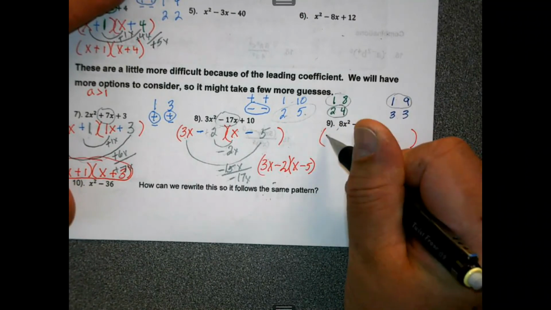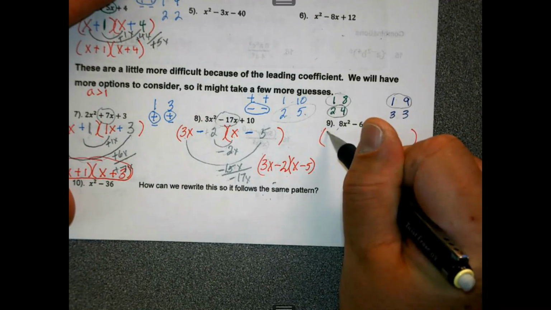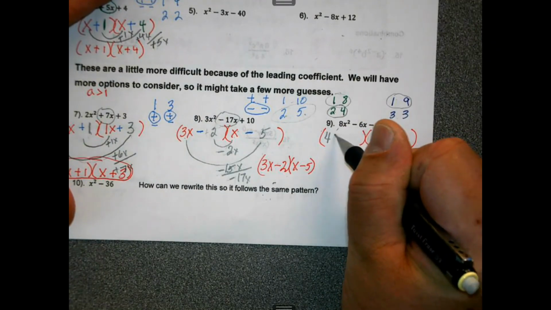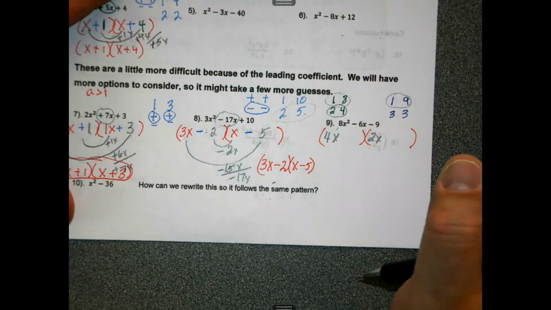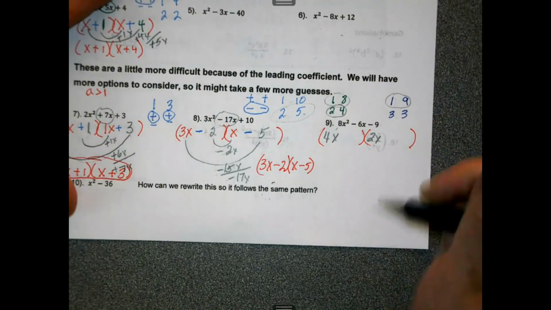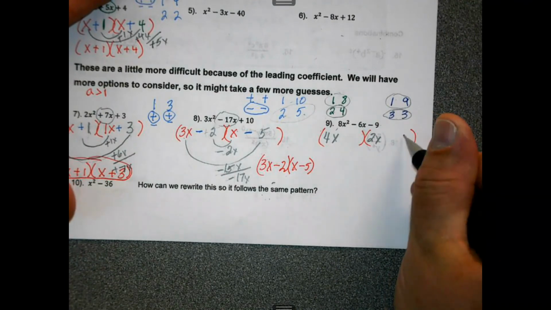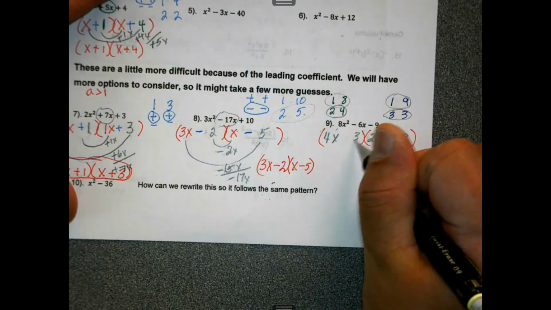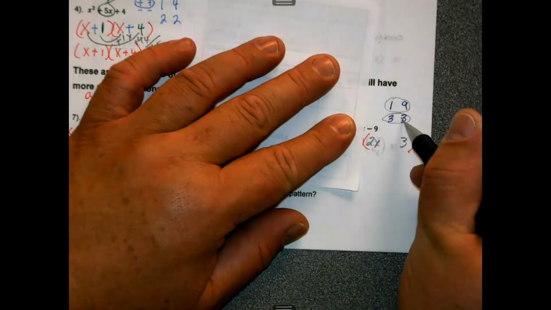Actually, I'm going to put the 4 first. So this is for my 8x squared. I'm going to try 4x times 2x to get my 8x squared. Then I'm going to try the 3 times 3. Now, it's a negative, right? My c is negative.